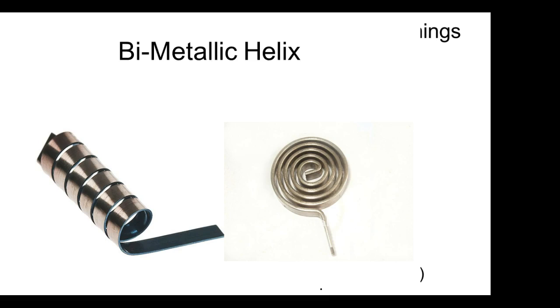So bimetallic strips, this is basically something in a coil. These are different types of sensors. This is basically the sensor that I passed around, so it's circular. This is very popular inside of temperature sensors, where they put the coil down a sensing tube.